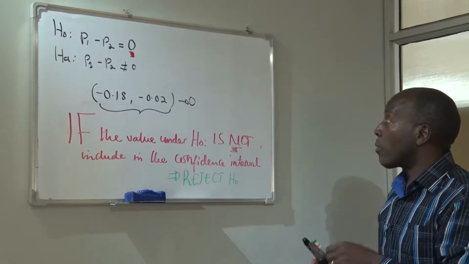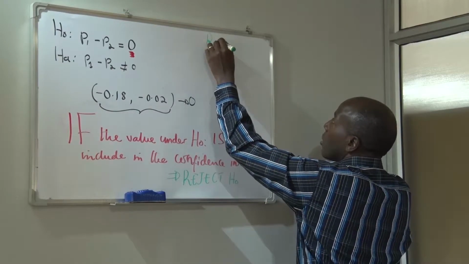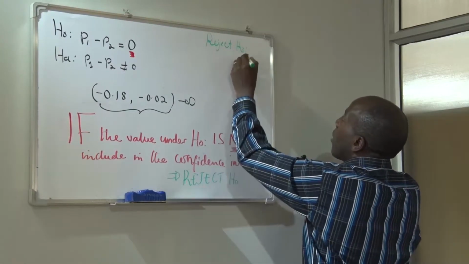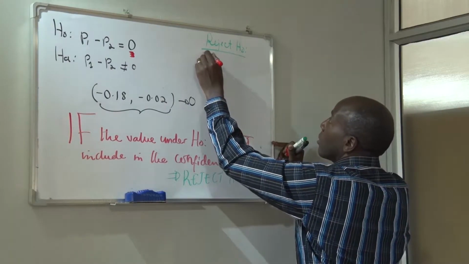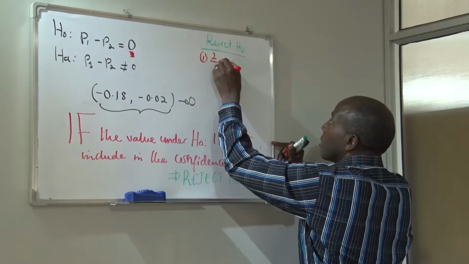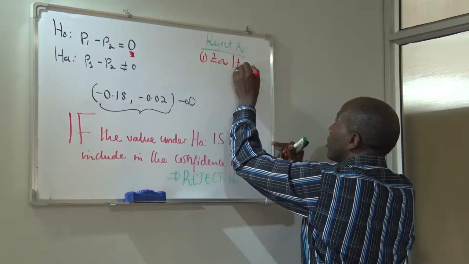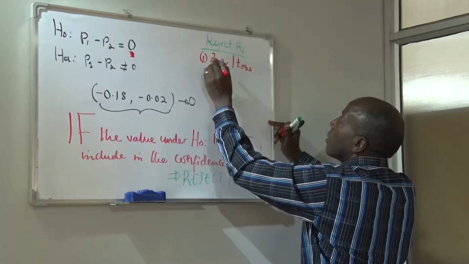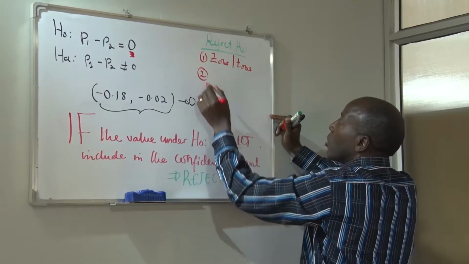So far we've seen two ways in which we can reject the null hypothesis. How can we reject the null hypothesis? We have so far seen two ways. One is using the Z observed or the T observed, and that one we saw when we pressed it in the normal distribution curve.